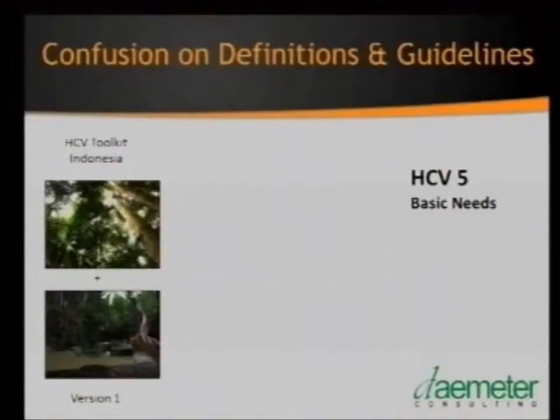Quick example of some confusion that is tied to divergent interpretation of definitions. This is HCV 5, areas that are important for the protection of basic needs. The HCV toolkit for Indonesia defines this very clearly as places where local people depend on natural forest or other natural ecosystems for the provision of basic needs.